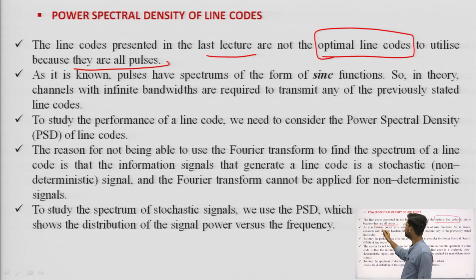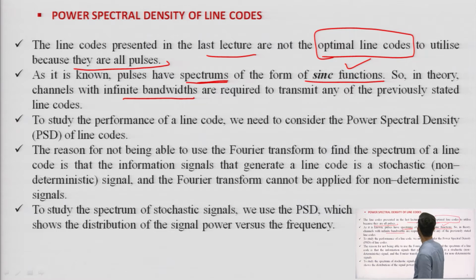So, as it is known, pulses have spectrums of the form of sinc function. In general we know that square pulses in the time domain are in the form of sinc pulses in the frequency domain. So, in theory, channels with infinite bandwidth are required to transmit any of the previously stated line codes.